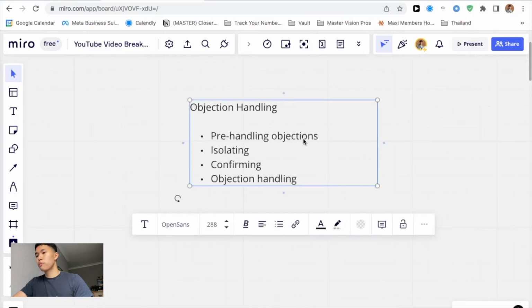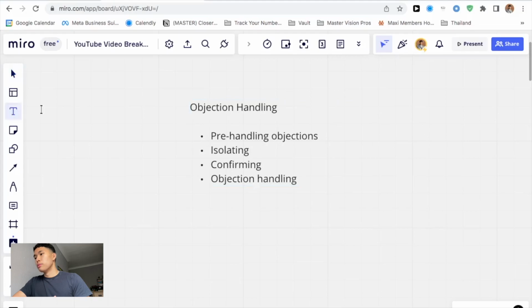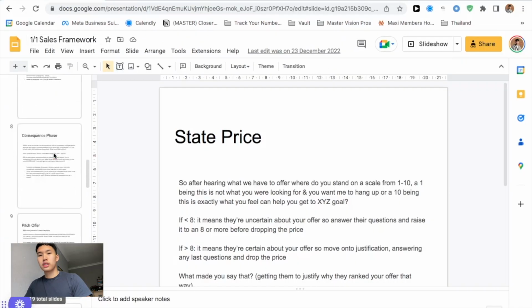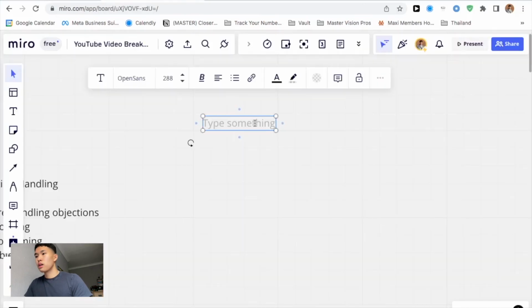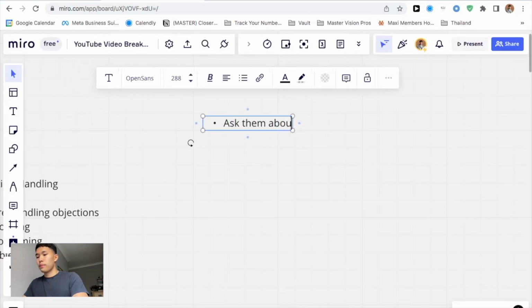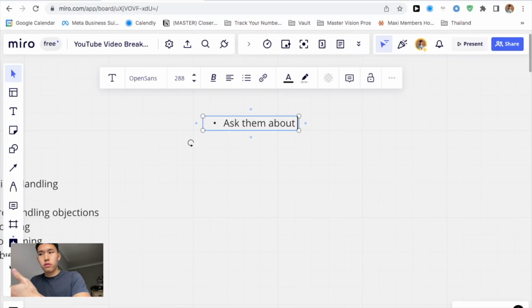So an example of pre-handling an objection would be, when you're asking your questions, getting to know them, you can casually ask questions. If you're uncertain about them being able to afford the program, just ask them what they do, what's their current situation, do they go to work, what kind of work do they do, how long have they been working there, are they a student, stuff like that.